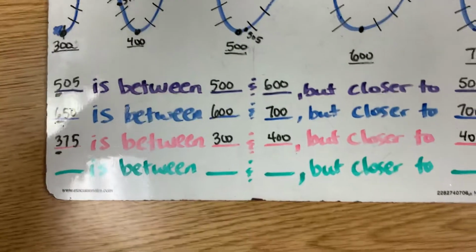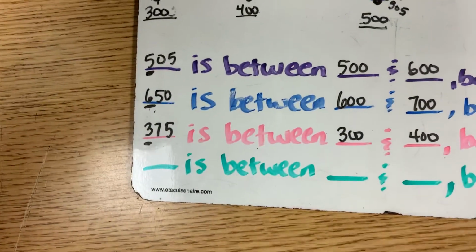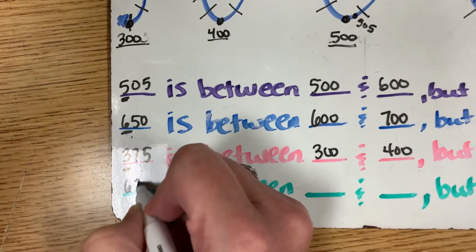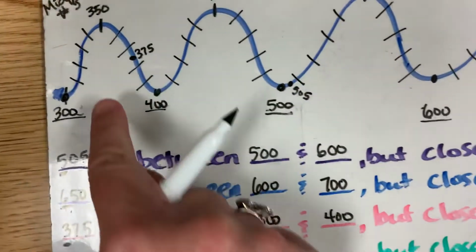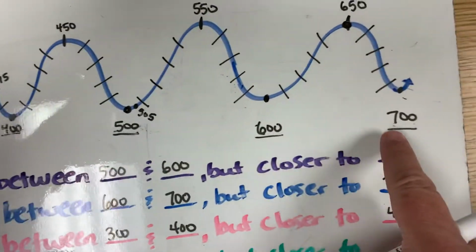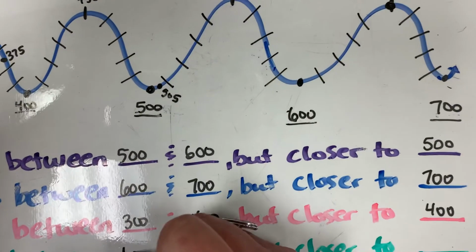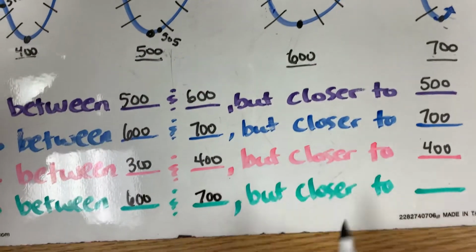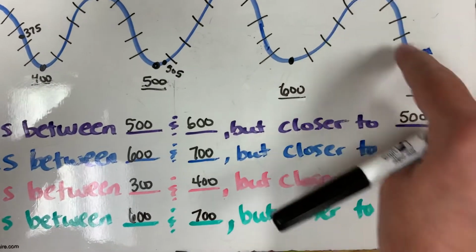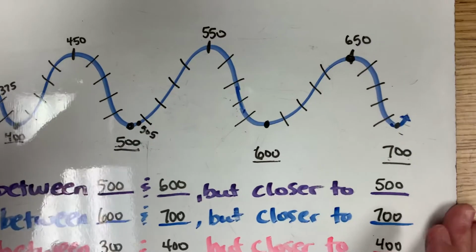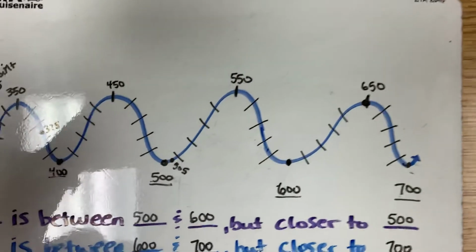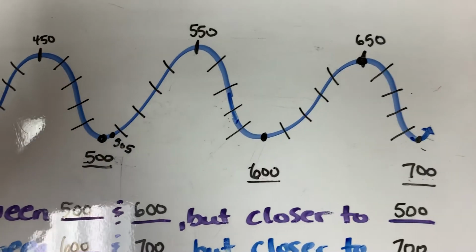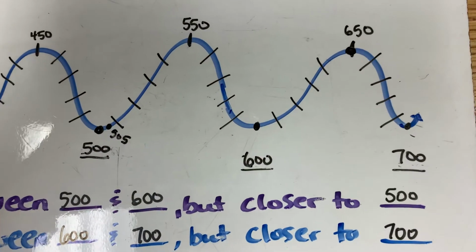My last one that we're going to practice with is 622. I'm going to underline that 6 in the hundreds place. Again, it's going to be between 600 and 700. So I know it's going to be somewhere over here. Now, I have to ask myself, is it greater than, less than, or equal to the midpoint? Well, my midpoint is 650, so I know it's going to be less than.